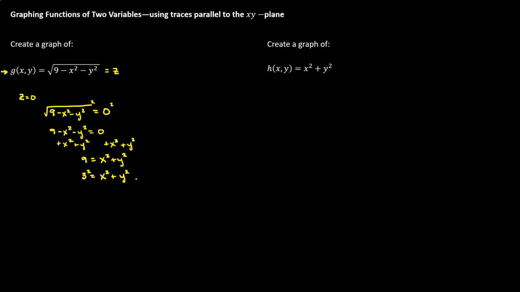We can repeat this process for any plane parallel to the xy plane. So maybe we try another one at z equals 1. That would mean take the definition of our function and set that equal to 1, and simplify until we recognize what the equation graph would look like.